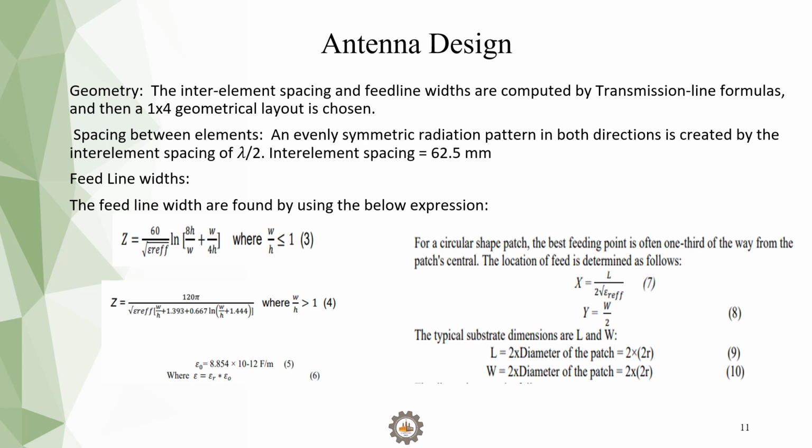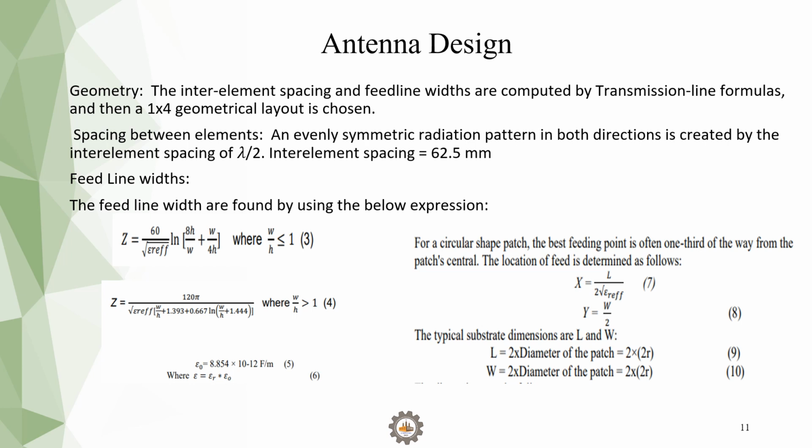From this, we can compute the value of lambda. In our project, the operating frequency is 2.45 gigahertz. After substituting those values in the equation, we get the inter-element spacing as 62.5 mm.